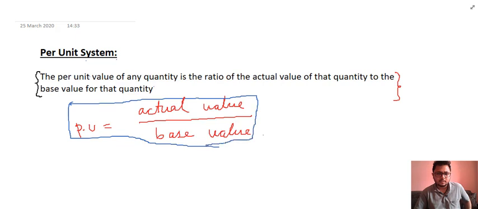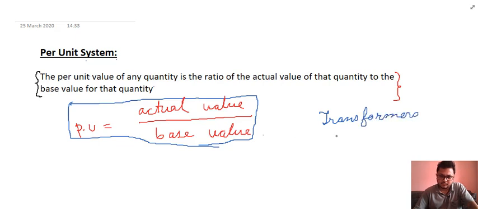So the PU system is very important in power system analysis, because if you don't know PU, then it will be very difficult to deal with problems like fault analysis and transformers. In transformers it helps a lot, because in a transformer we have two circuits, this is the primary and this is the secondary.